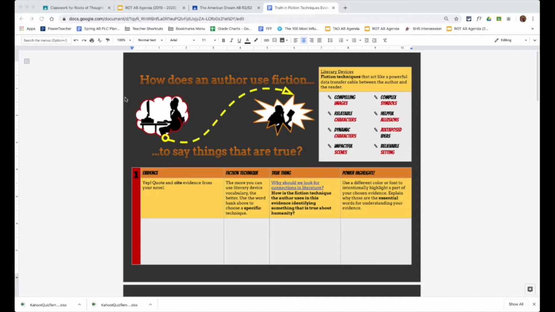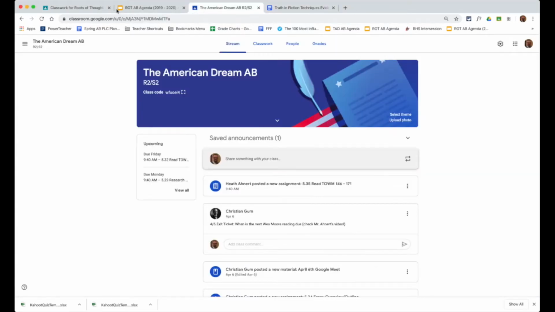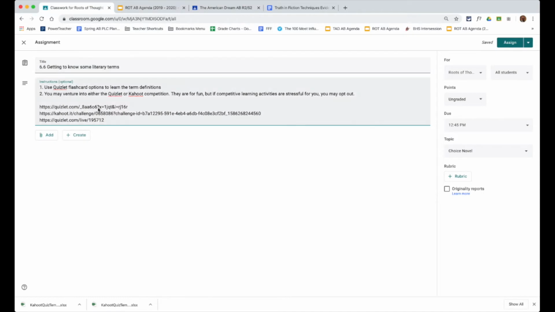So in order to increase that transfer of data, they use techniques that we recognize and identify. And these are the 8 that I've set aside that I want you to be on the lookout for while you are reading.